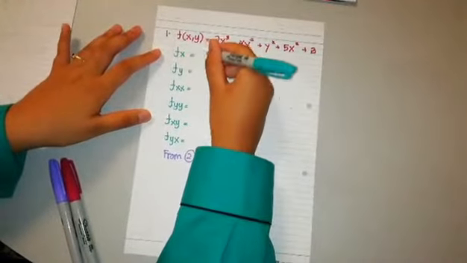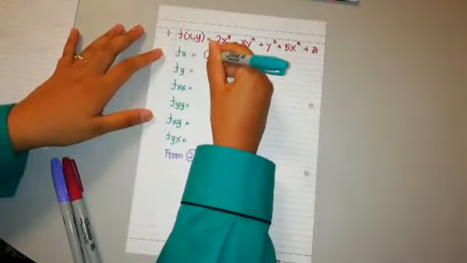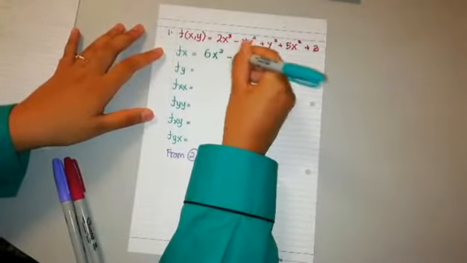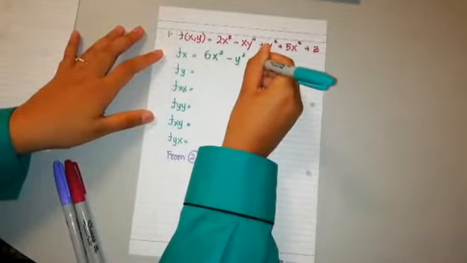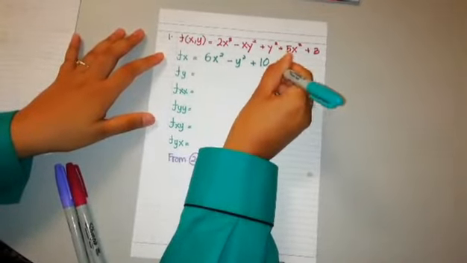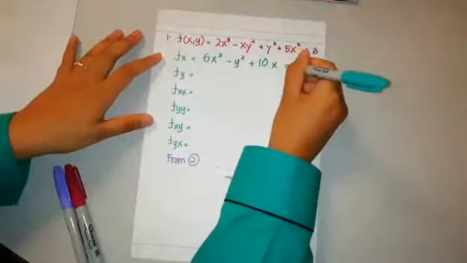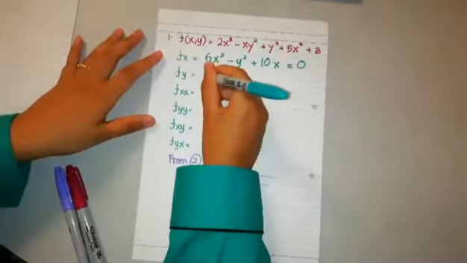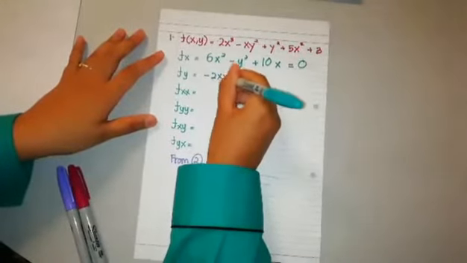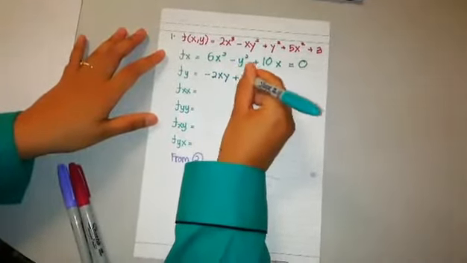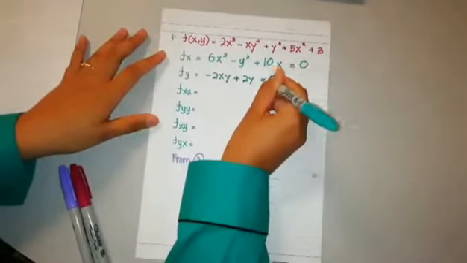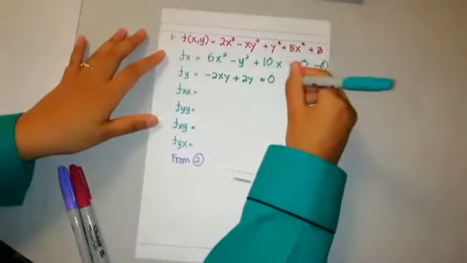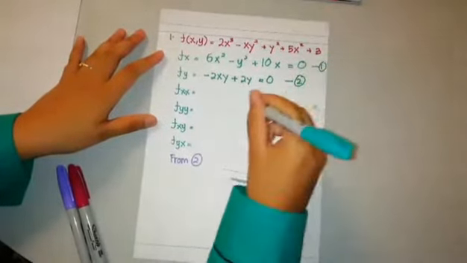Fx, we will get 6x squared minus y squared plus 10x, and it must equal 0. Fy, negative 2xy plus 2y equals 0. This is the first equation, and this is the second equation.